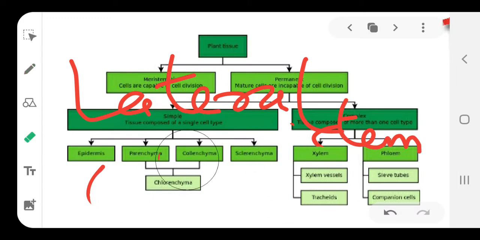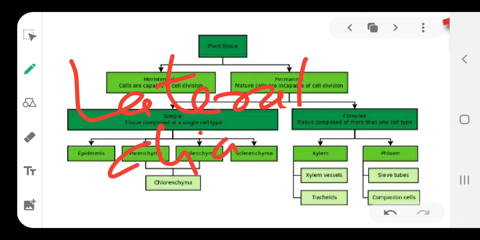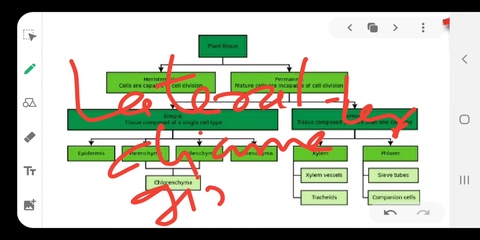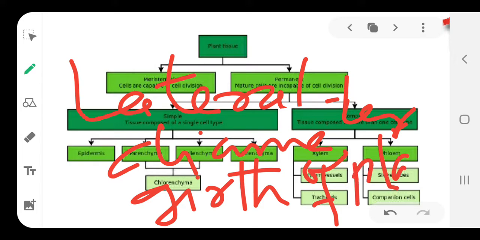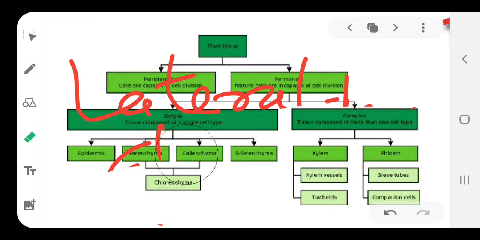The main function of this tissue is to increase the diameter and girth of plants. Make sure you write down the whole parts with their functions.